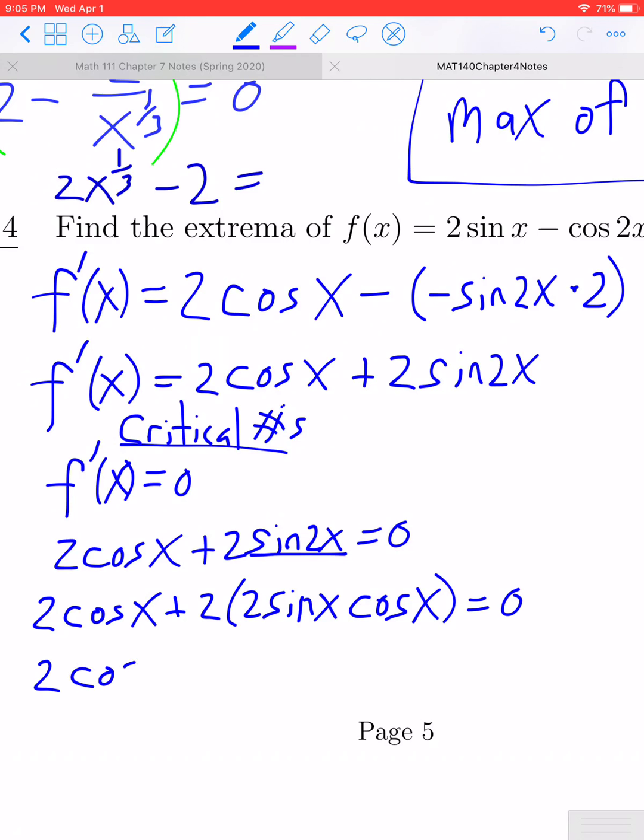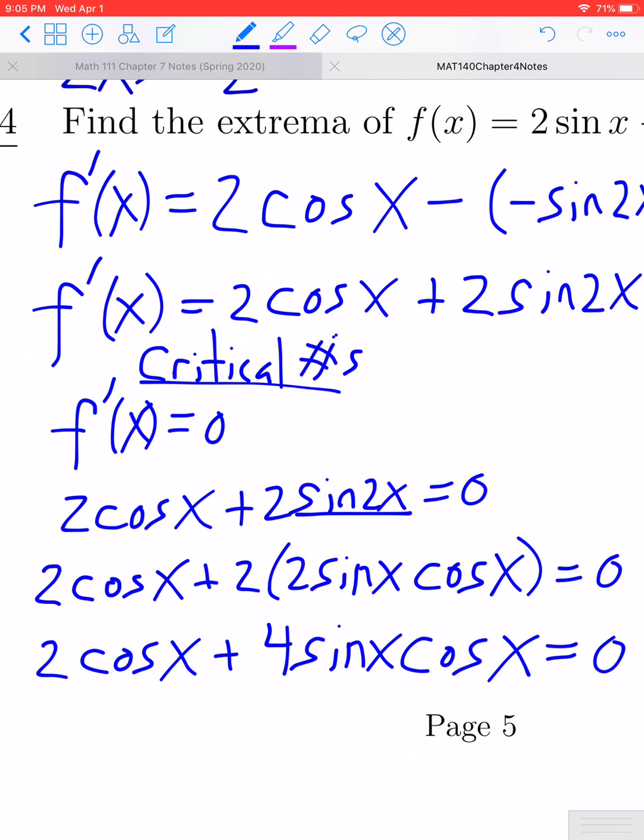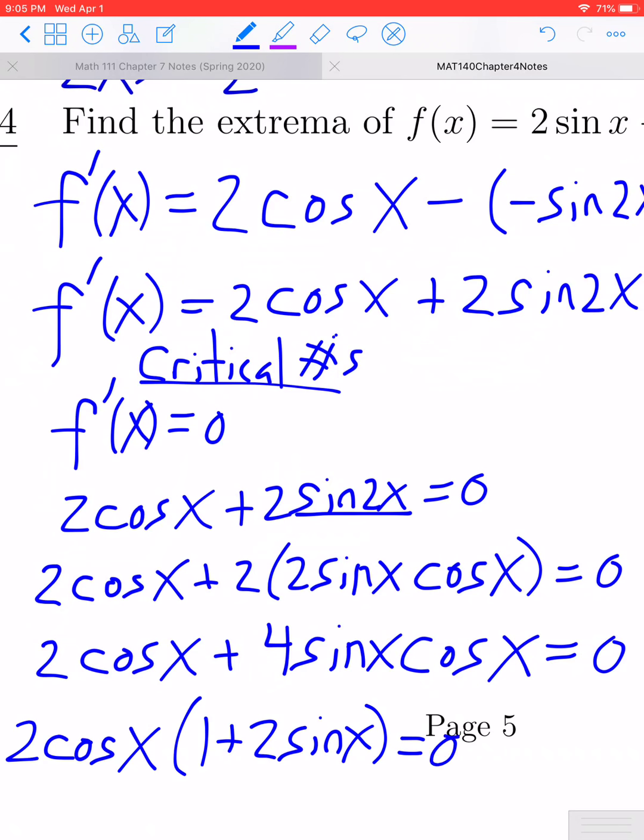This is 2 cosine x plus now 4 sine x cosine x equals 0. We can now pull out a GCF. We can factor this. Both terms have a GCF of 2 cosine x. This will leave us with 1 plus 2 sine x equals 0.